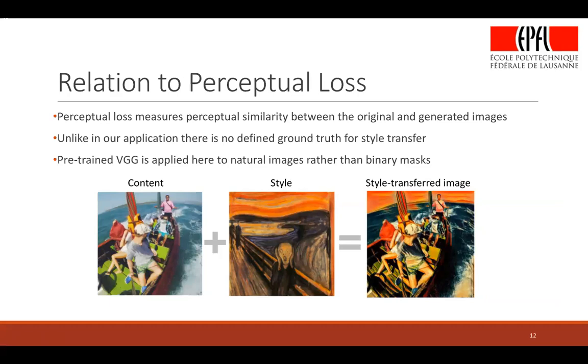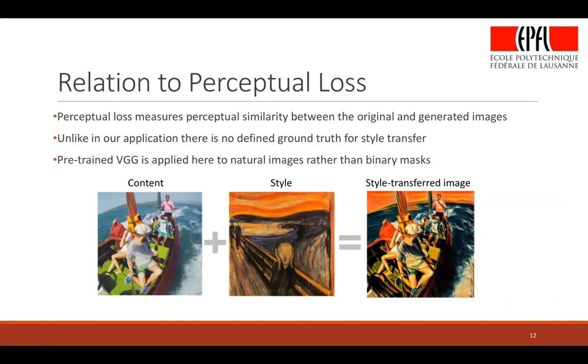In that case, the features extracted from VGG are used for computing the loss because we do not have the direct ground truth for the generated image. So there is no one definite ground truth in this case.